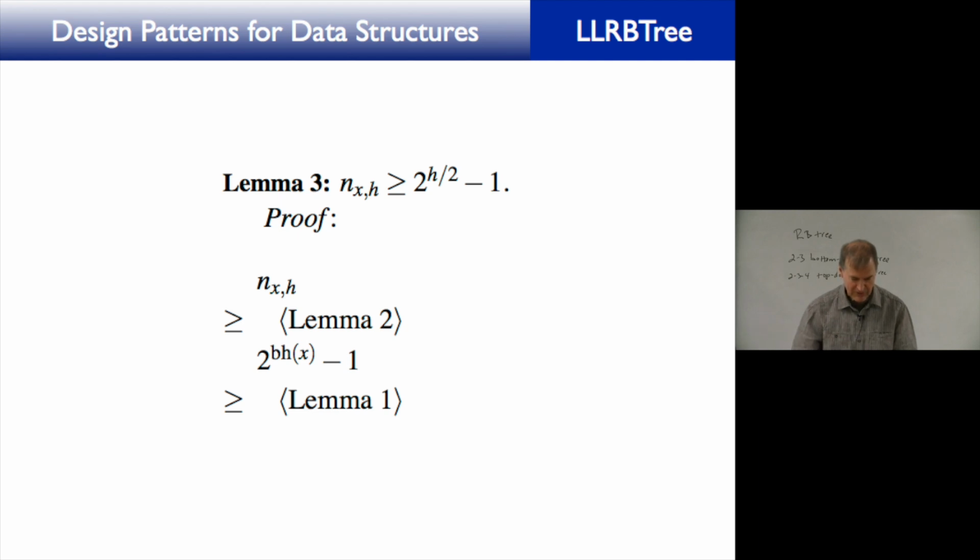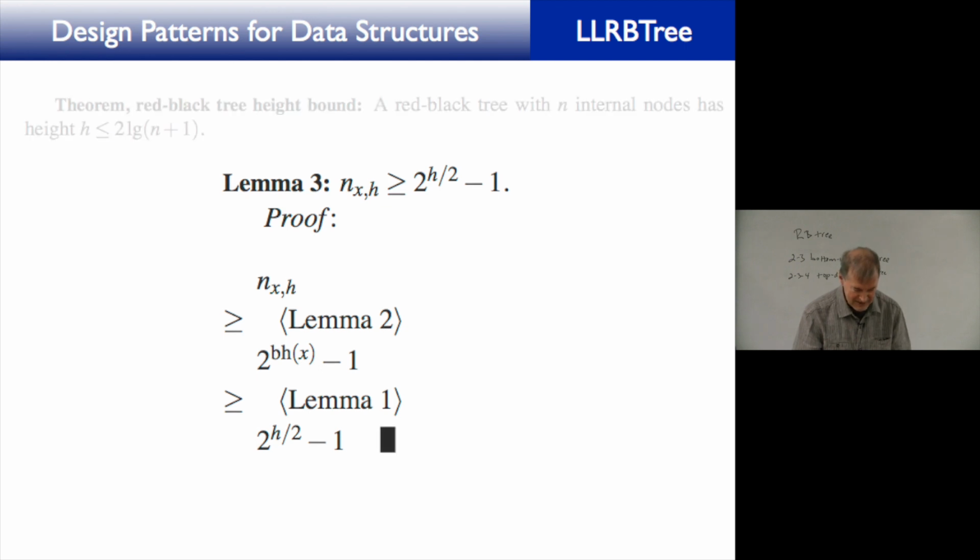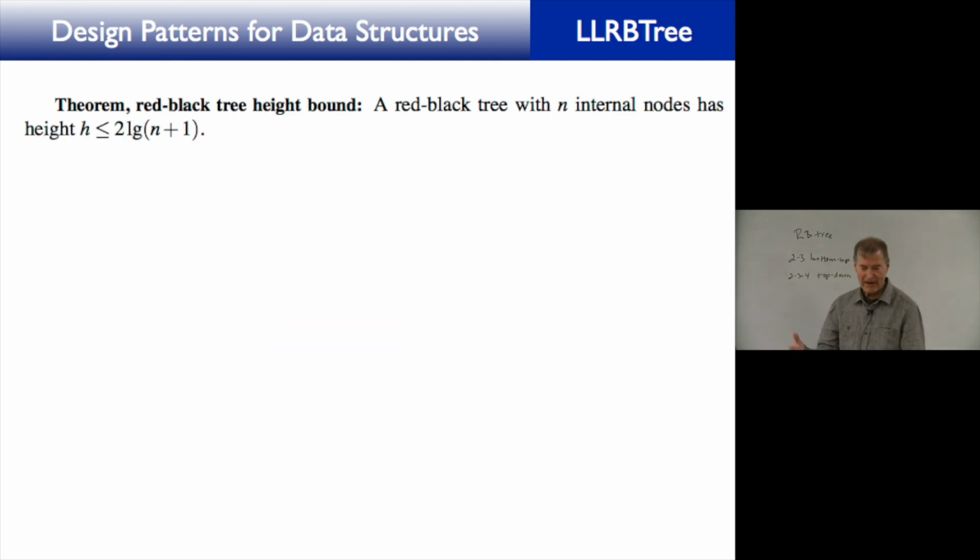So, by lemma 1, the black height is greater than or equal to h over 2. Therefore, this is greater than or equal to 2 to the h over 2 minus 1. Are we good?